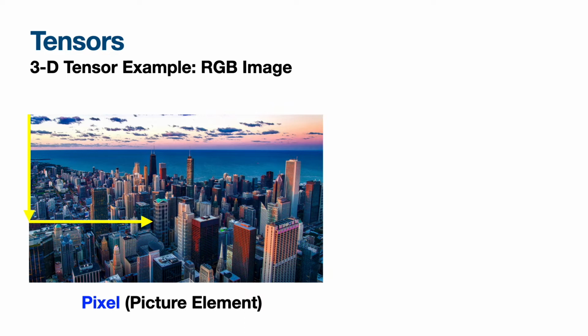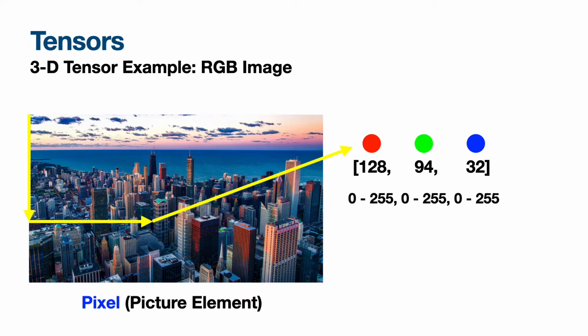As we are looking at an RGB image, each pixel has the intensity of red, green, and blue. For example, the values of a pixel may be 128, 94, and 32. Again, those 3 values indicate the intensity of red, green, and blue, respectively. The intensities range from 0 to 255. 0 means no color, and 255 indicates the highest intensity level.